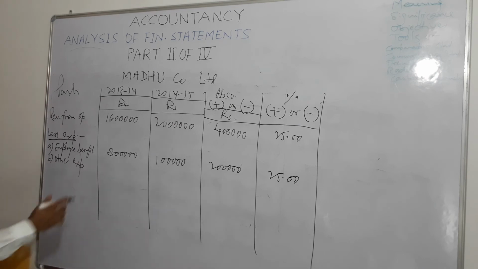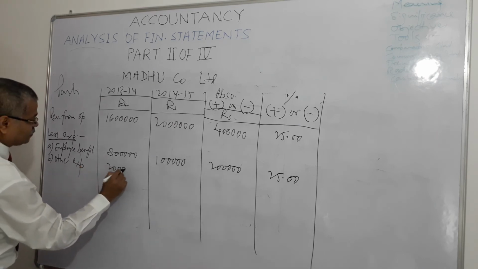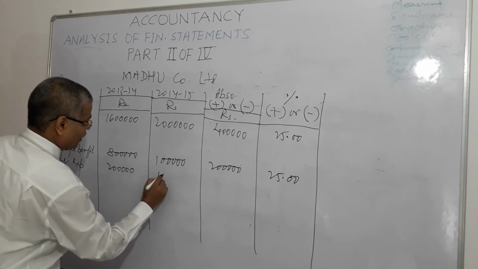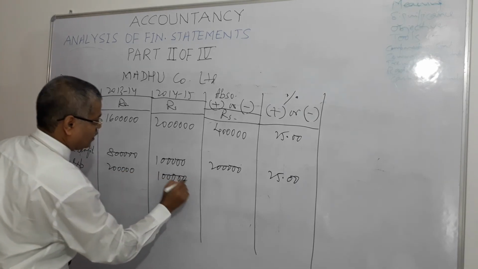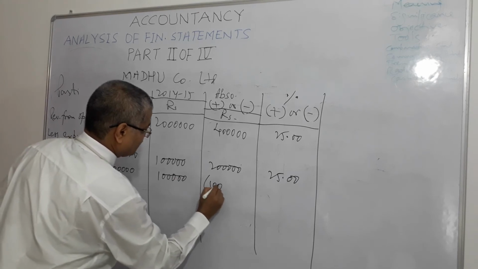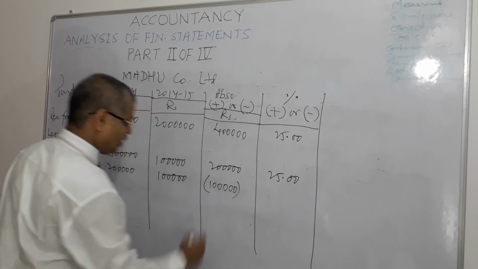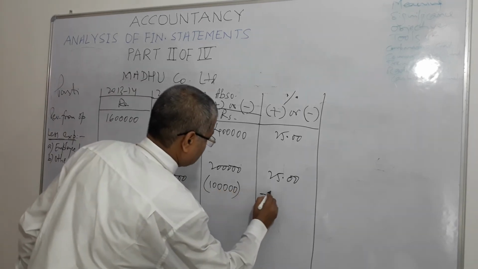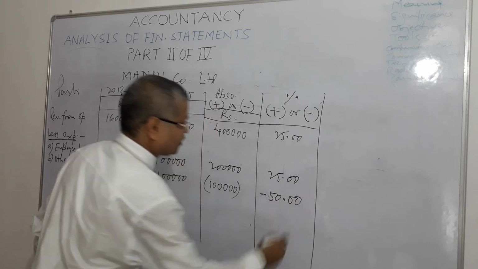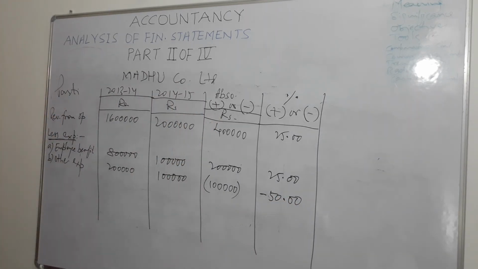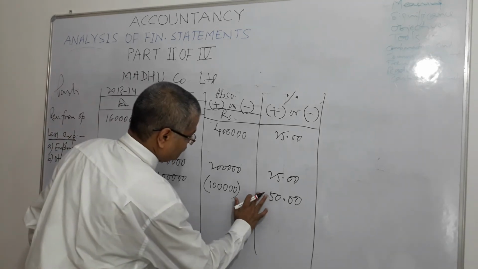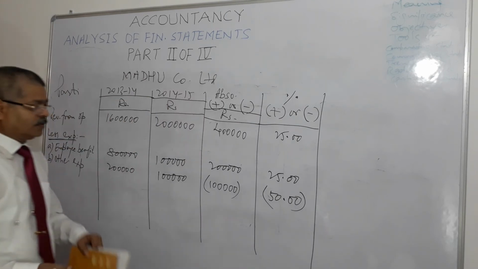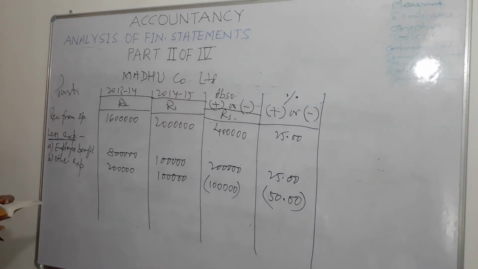Other expenses, 2 lakhs to 1 lakh. It was 2 lakhs, it became 1 lakh. So it has declined by 1 lakh, and 1 lakh as a percentage of 2 lakhs is minus 50.00, right? Minus 50.00, or you can take it into a bracket. Bracket indicates negative. Then what do we get?